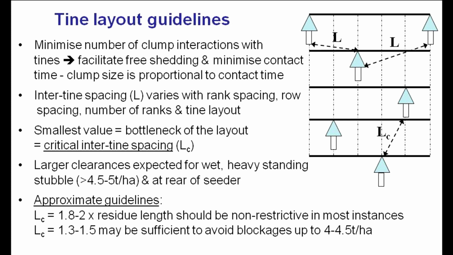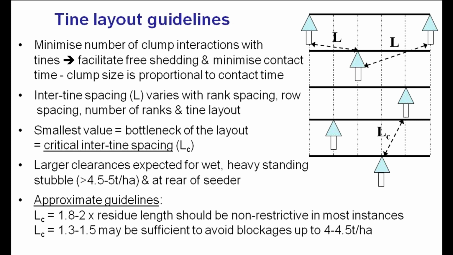The second part of the tine specification is the layout and how they're arranged across the different ranks on the machine. There's a similar dimension there, the intertine clearance in any direction, side to side, front to back, etc. The smallest value on the layout is going to be the bottleneck of the machine.